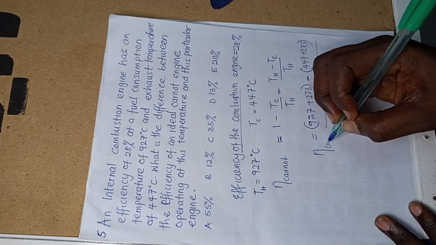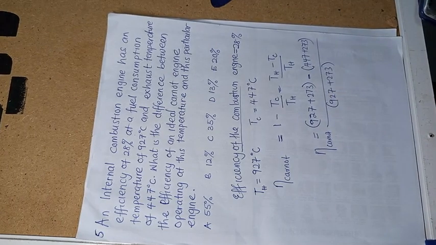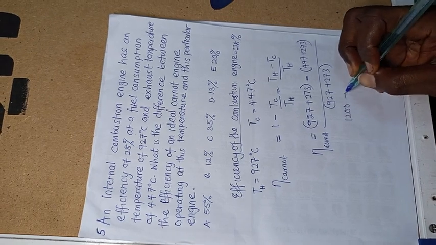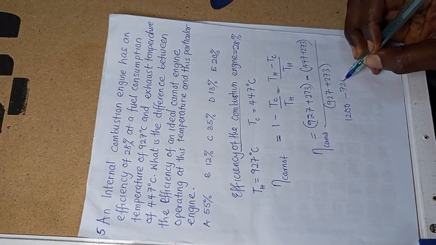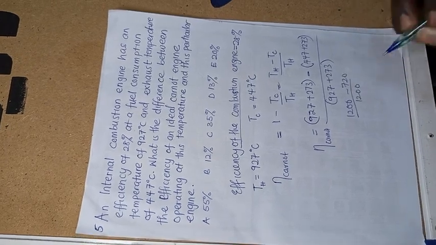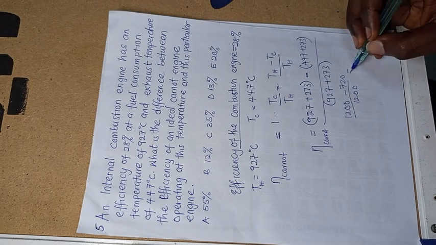After we have gotten it, we will convert to percentage. 927 plus 273 is 1200, minus 447 plus 273 which is 720, over 1200. So 1200 minus 720 divided by 1200 times 100. So we're going to have 40%.